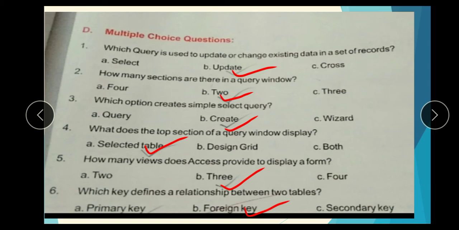Question number 3. Which option creates a simple select query? Query wizard. Because here you create a query, the correct option is B, create. Question number 4. What does the top section of a query window display? Three options: selected table, design grid and both.